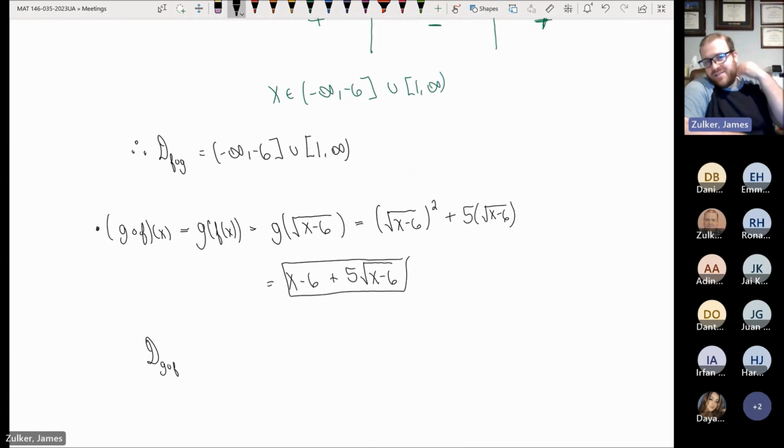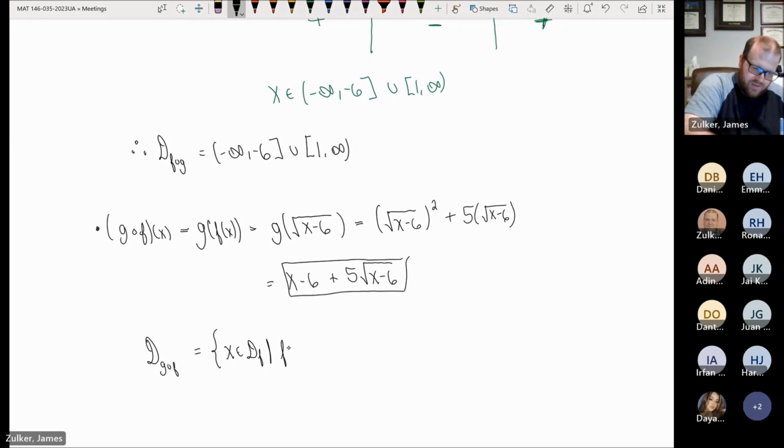Now for its domain. This time we're looking for the values in the domain of f that make f of x in the domain of g.